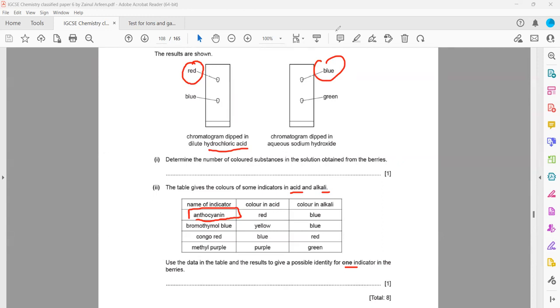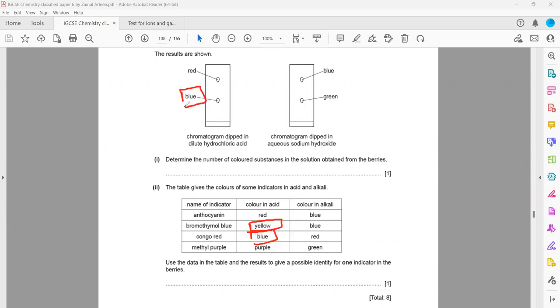Why not bromothymol blue? If it were bromothymol blue, what should the color be? It should be yellow, but there is no yellow color present, so it cannot be bromothymol blue. Congo red should be blue in acid.